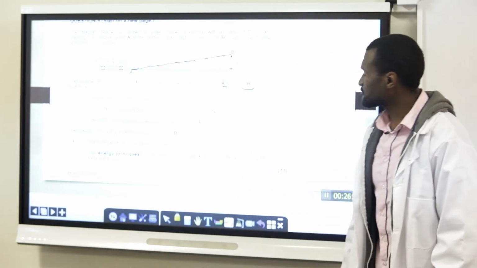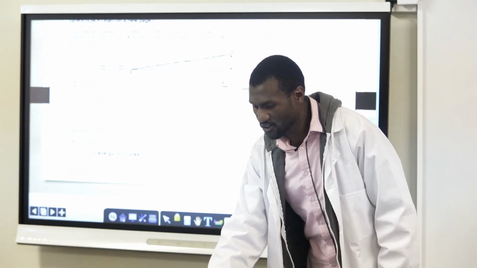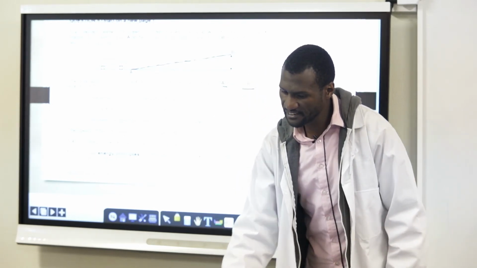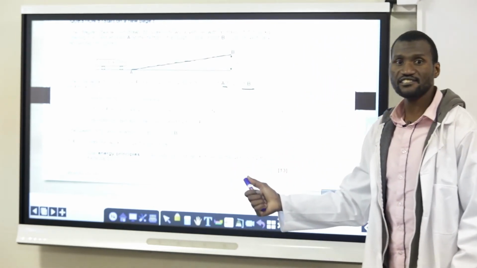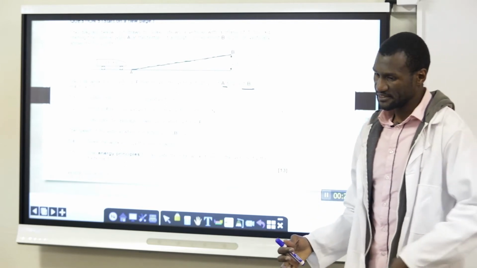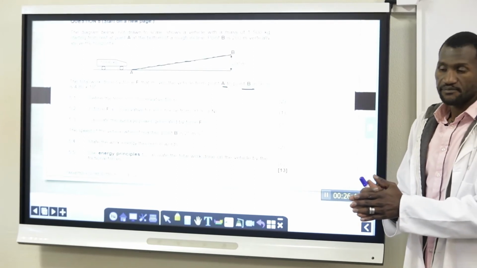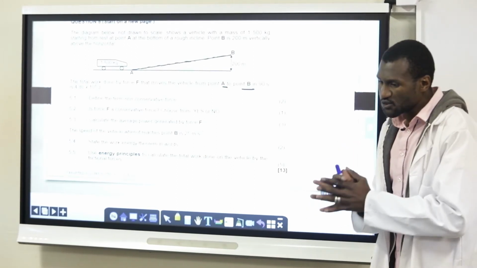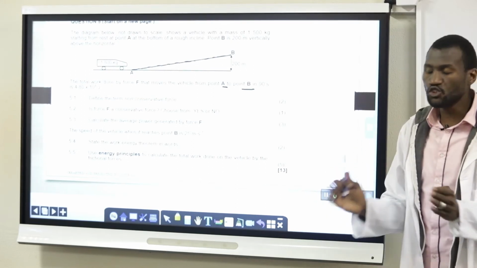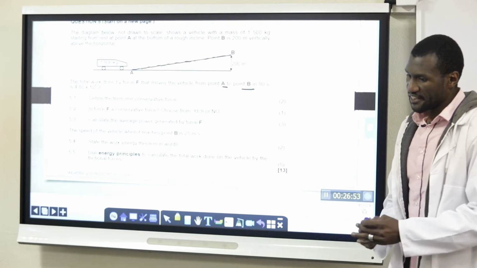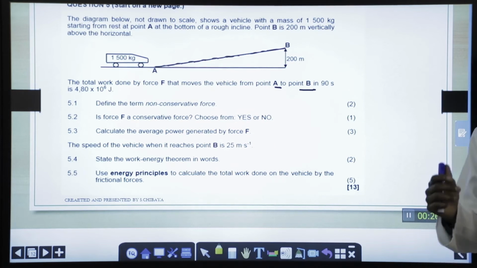The first part says define a non-conservative force. We know that a non-conservative force is a force that does work on an object by moving it between 2 points and depends on the path that is taken.